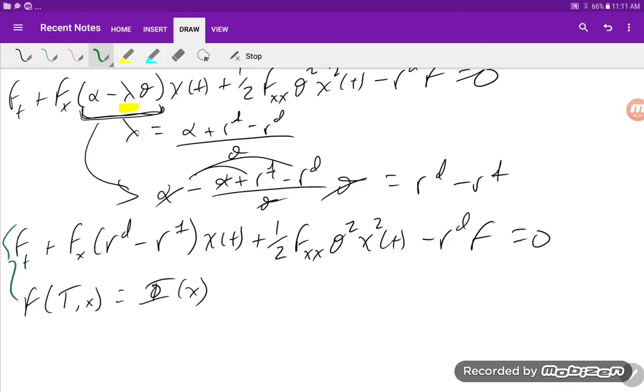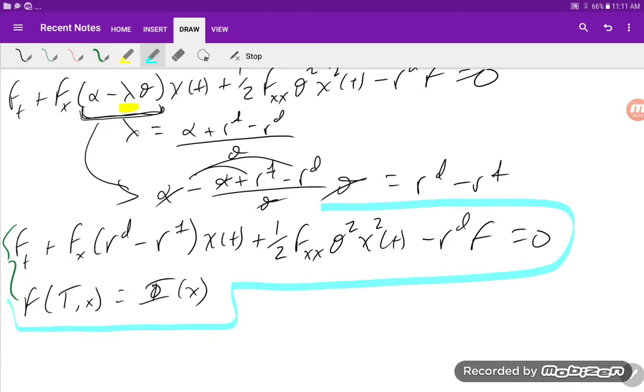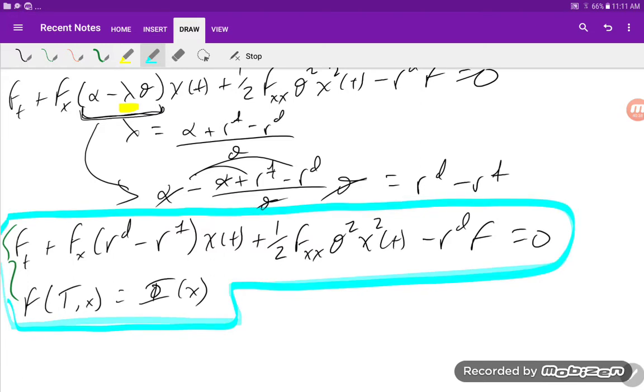So there you have it. This is the PDE for the Garman-Kohlhagen foreign exchange model. And as you can see, now under Q our drift has changed to the domestic rate minus the foreign rate.